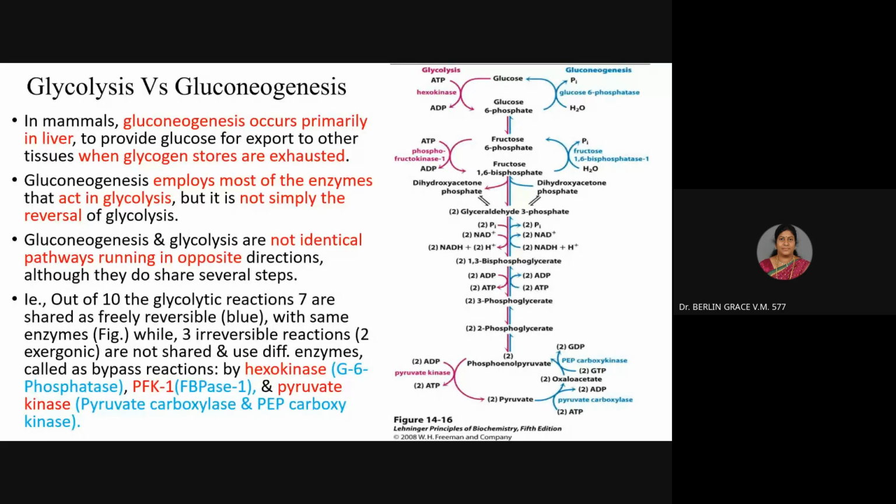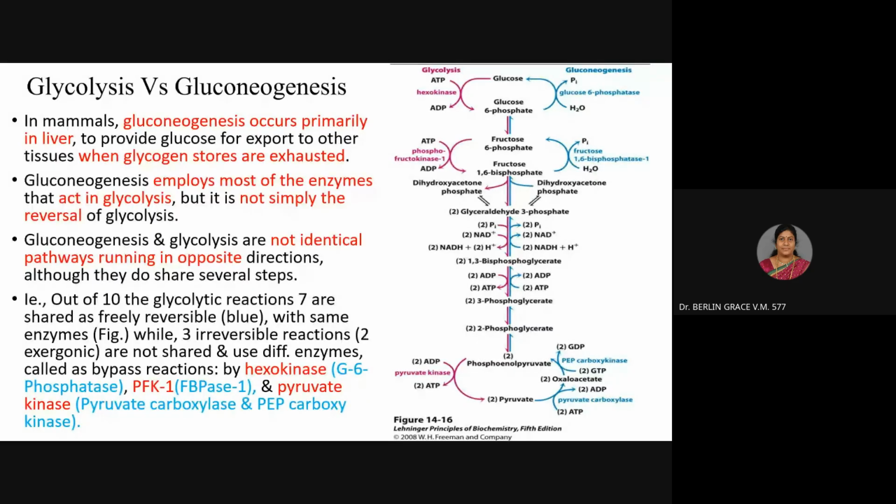The gluconeogenesis pathway is indicated with blue arrows here, while the 3 irreversible reactions in glycolysis will be carried out by different enzymes. The 7 reversible reactions are carried out by the same enzymes, and the 3 irreversible reactions are carried out by different enzymes for gluconeogenesis, highlighted in blue color.